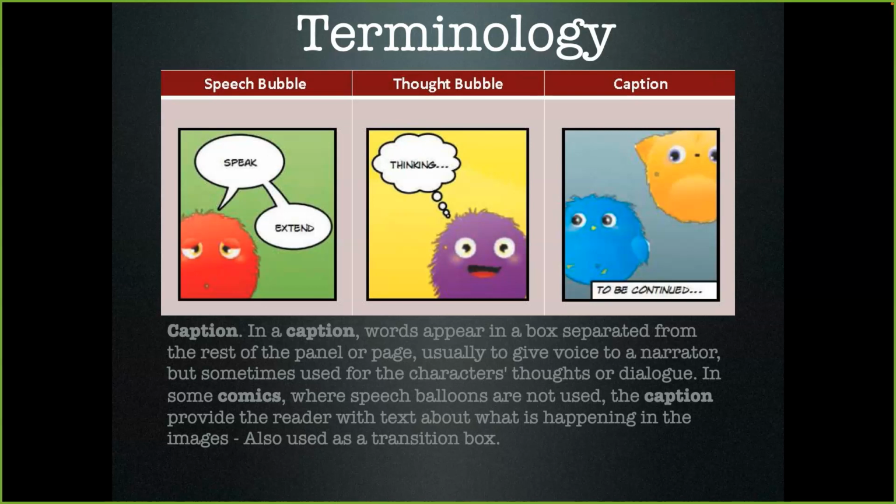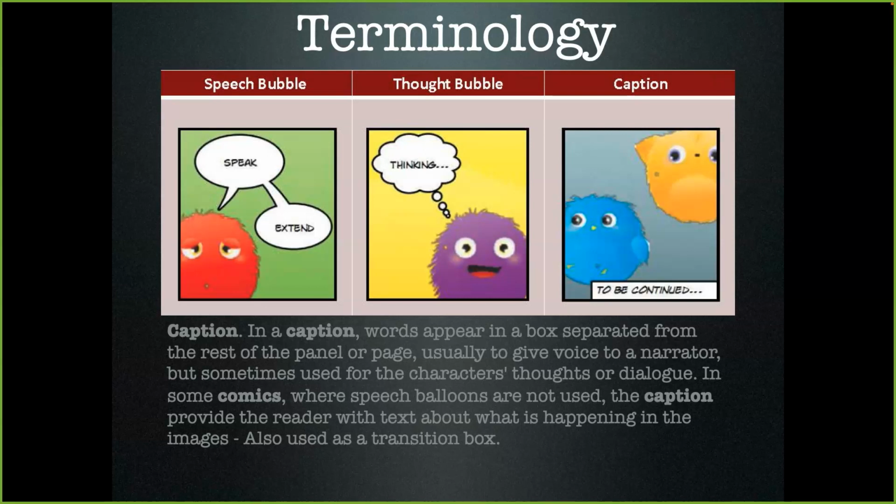If nothing's happening, you'll say, on the road, or now on the road, or meanwhile, or something like that. And then you get them to the place that they're going to be, or where the next action is going to happen in the next frame or in the next page.